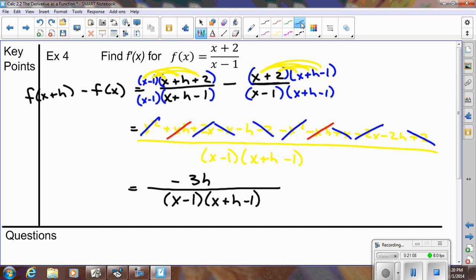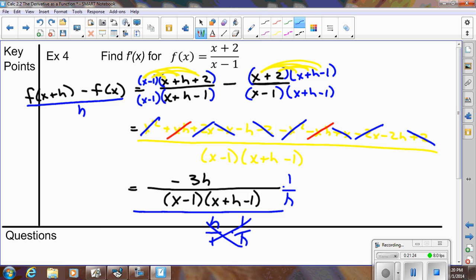To continue this, we know that we would have to take it all over h, so this whole piece over an h, which is of course h over 1, and we could multiply by 1 over h, which would cancel out the h's.